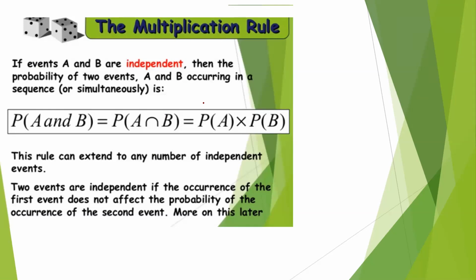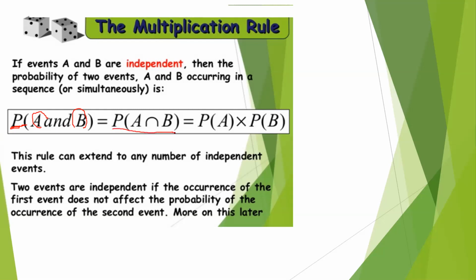Right. The most important rule in statistics is called the multiplication rule. In this rule, if we want to calculate the joint probability of event A and event B, where P means the probability, we want to calculate the joint probability that both A and B, two events, are occurring simultaneously.